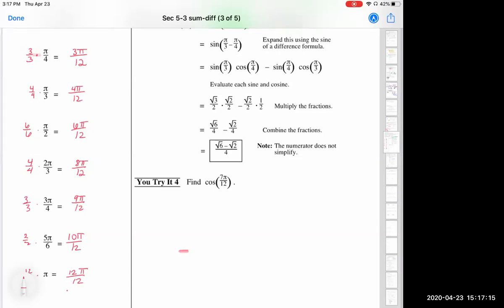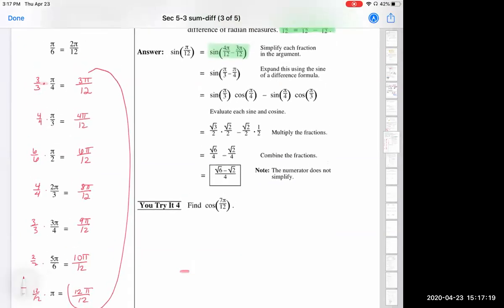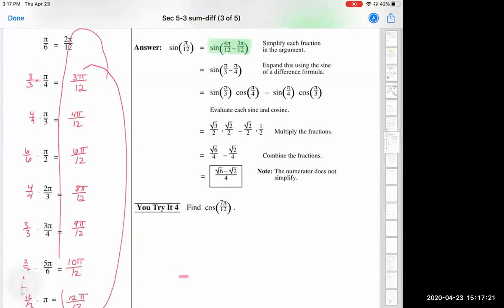Okay, so looking at these numbers that we have here, oh, I'm missing one, what mixture of them can we use so that when I add them, if we wanted to add, we get 7 pi over 12?